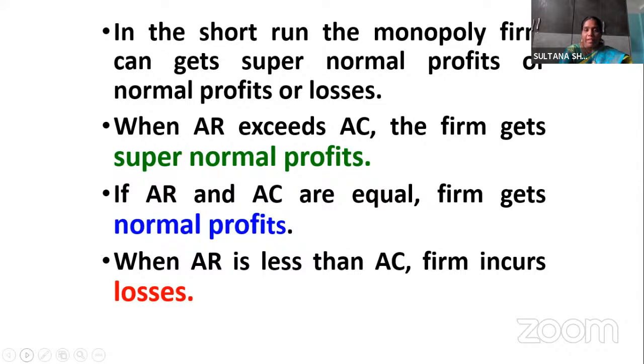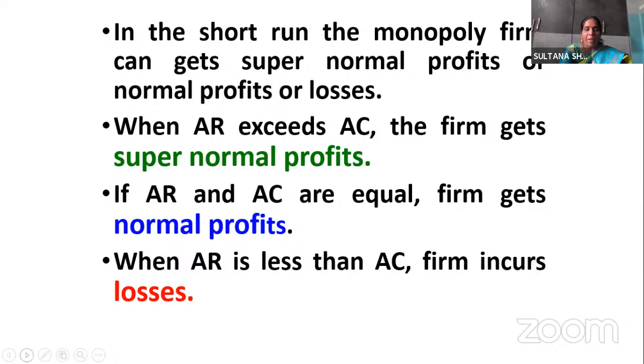A simple thing to remember: revenue is greater than cost, then we can say profits. What is the meaning of normal profits? If average revenue and average cost are equal, the firm gets normal profits.